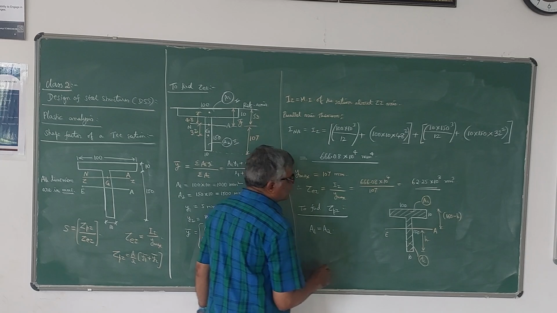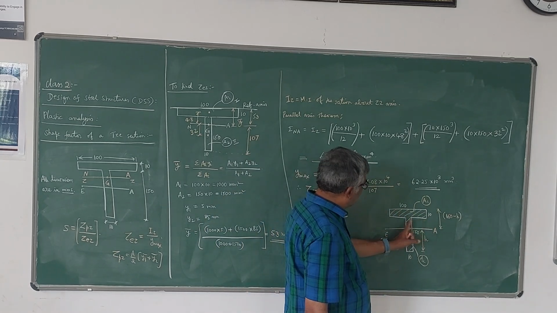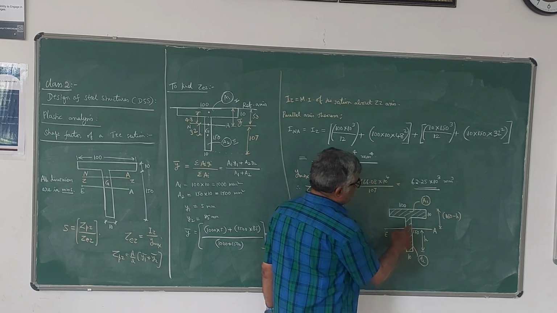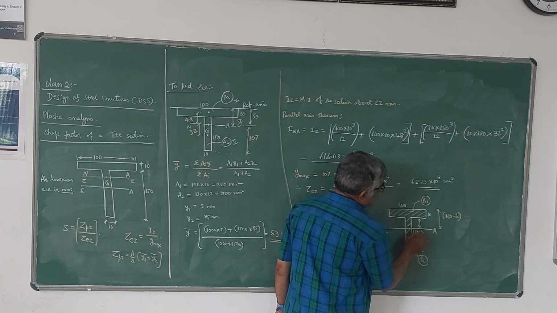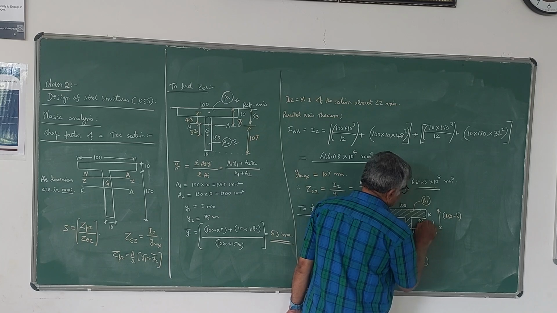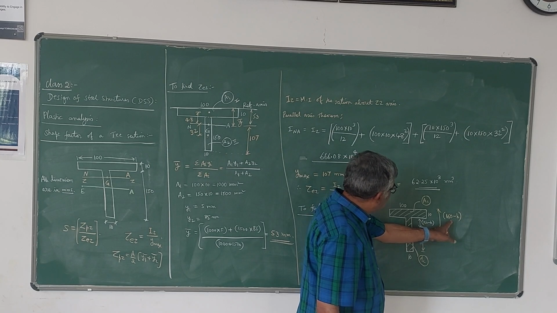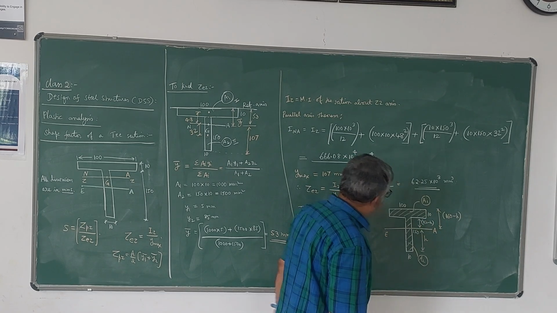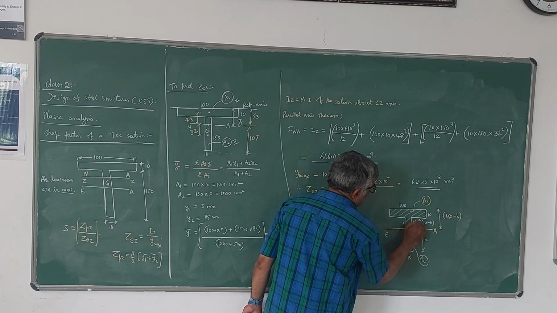A1 consists of two things: one is this rectangle, another is this small rectangle. This value will be 150 minus h, because the total is 160 minus h, and in that I have to account for this 10. Then this becomes 150 minus h. This thickness is 10.